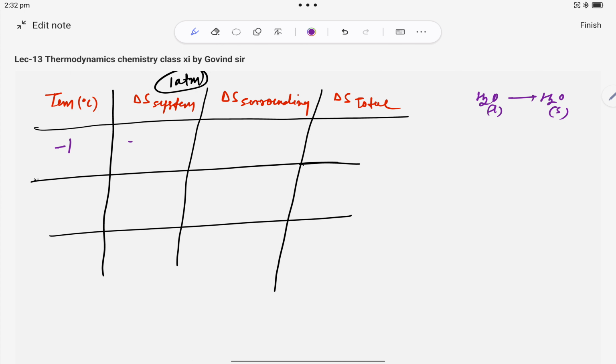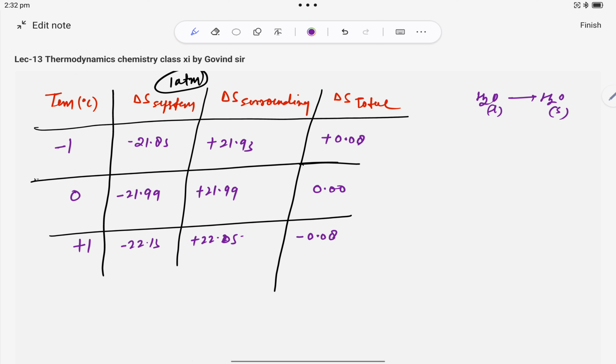Here it is -21.85 and here plus 21.93, so plus 0.08. At 0, minus 21.99 plus 21.99, and it will be 0. At plus 1, minus 22.13, 22.205, and it is minus 0.08.